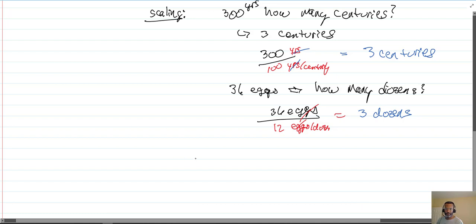So therefore, for Tina, her score, which was 292, if I want to convert this into units of standard deviations, then I need to divide by the standard deviation for that particular data set.